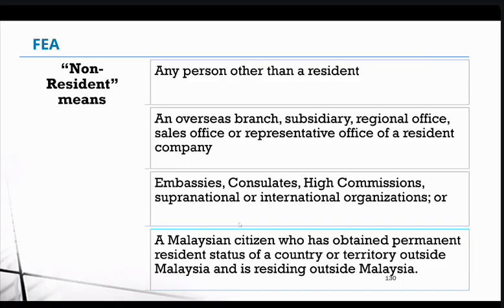Yes, Asmita, it is non-resident because it is an international organization, supranational as they say.